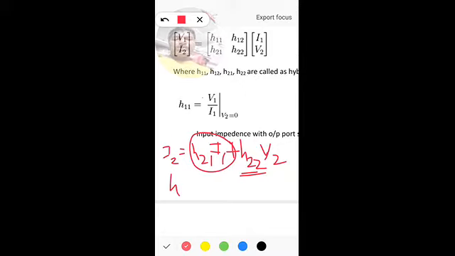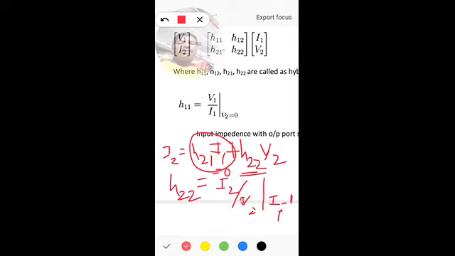Then we can write h22 is equal to I2 by V2, keeping I1 equal to 0. So here h22 is the ratio of I2 by V2, the ratio of output current to the output voltage. We can call it the output admittance.